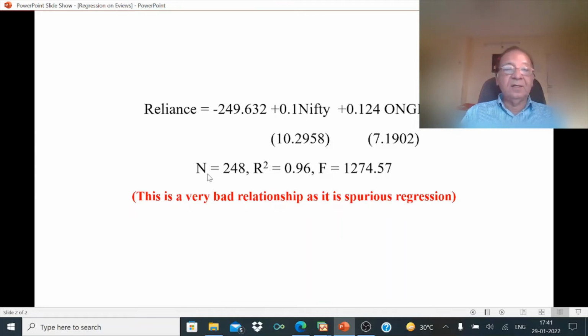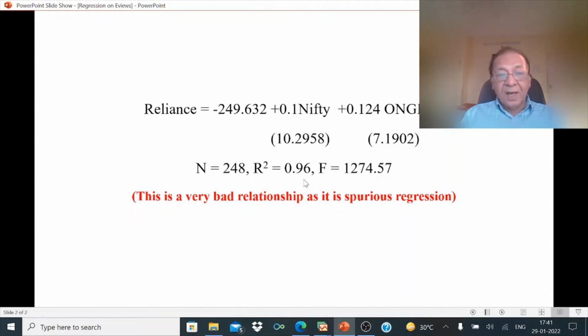Now here number of observations 248, R square is 0.96, F is 1274.57. Now T stats are very high. R square is 0.96.